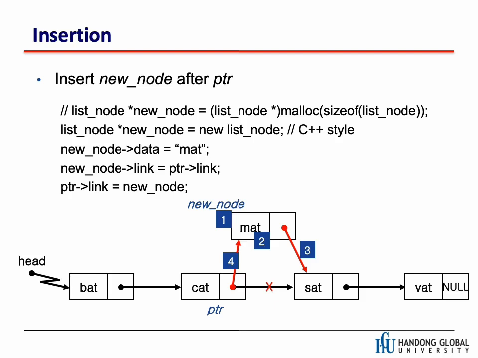PTR is pointing to cat, and PTR link is pointing to set. So now new node link is pointing to set. And then the last step, PTR link will point to the new node. Quite simple, right? So you have to use this one in our class.